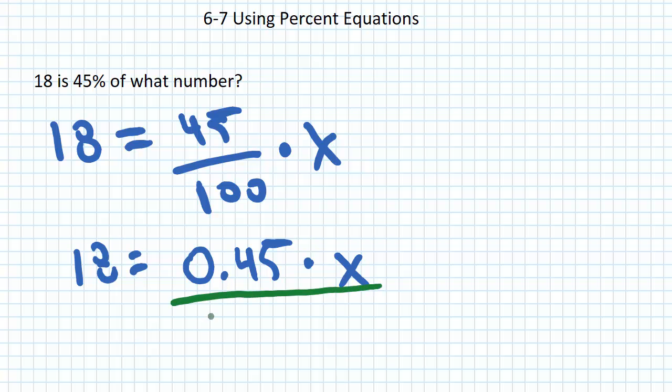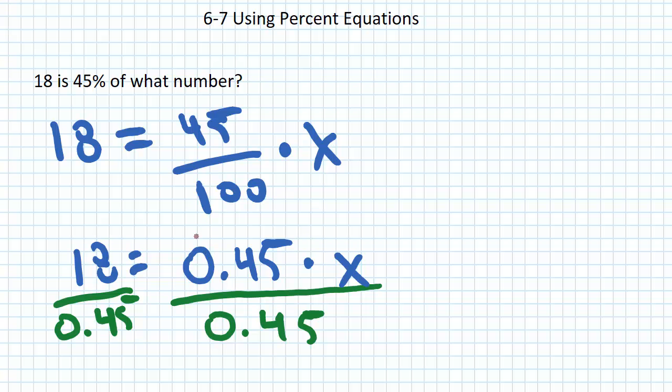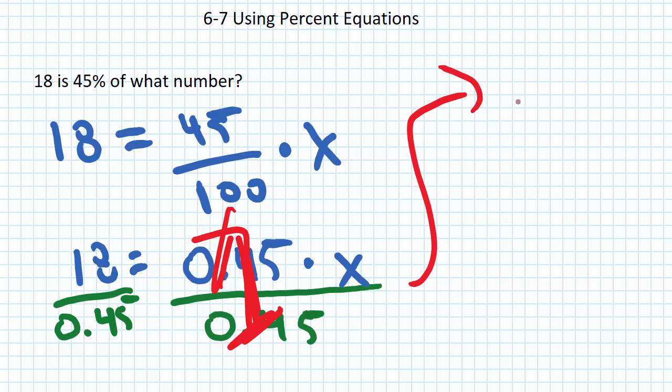Now I can go ahead and in one step say I'll divide this side by 0.45, which is okay as long as I also divide this side by 0.45. 0.45 over itself simplifies to a factor of 1. I'll do this over here. So I get x on the right side, and on the left I have 18 divided by 0.45. Quick check. Is this number going to come out to be bigger than or smaller than 18?